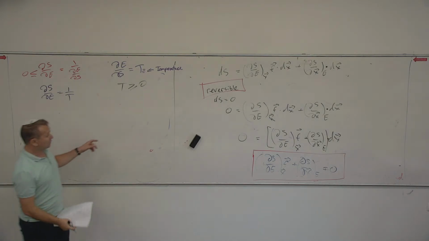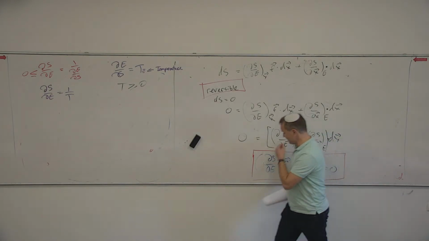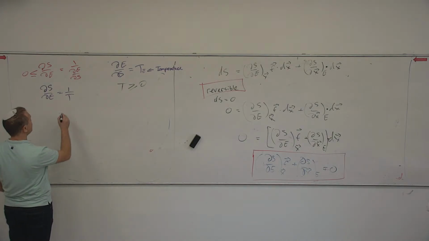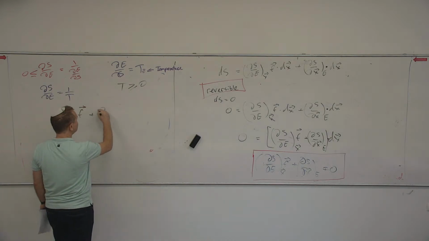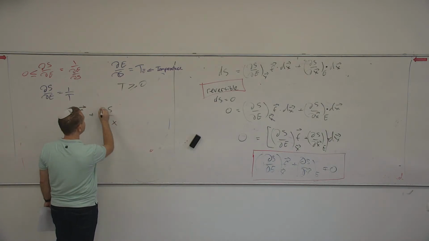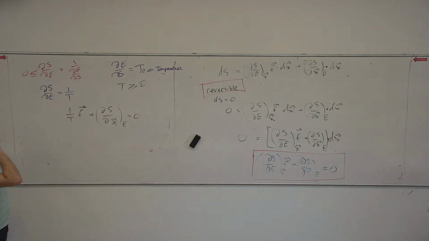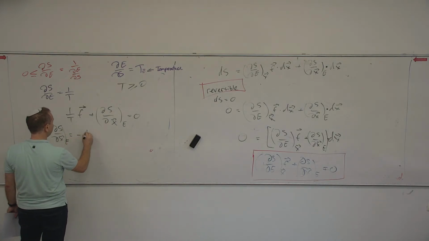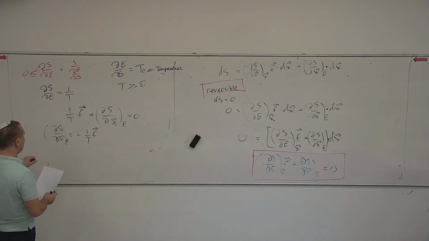Great. More importantly, I can substitute it over here, right? So what do I obtain? I obtain that 1 over T times f plus ds/dx at constant E equals 0. So basically ds/dx at constant E equals minus 1 over T times f.